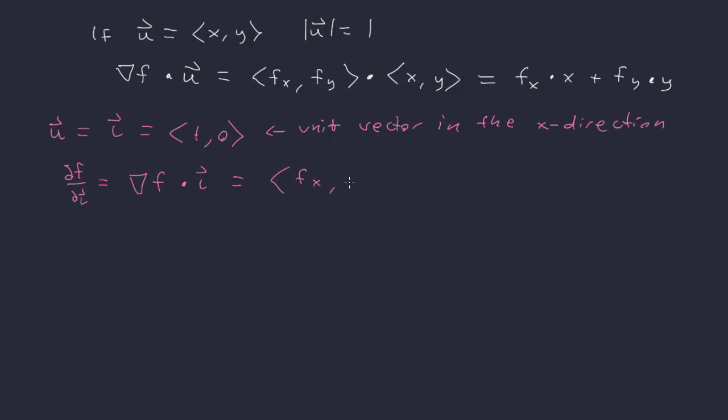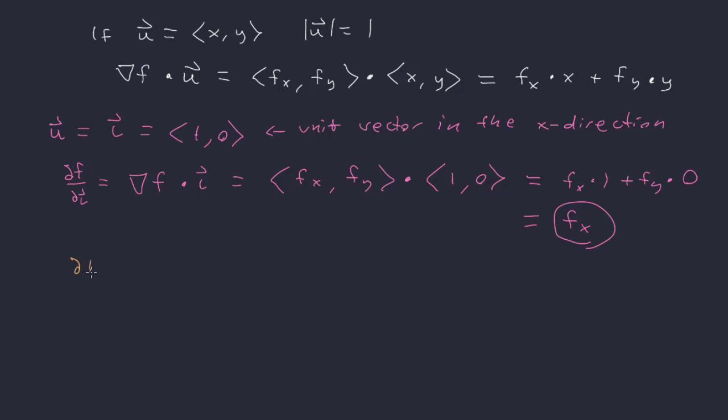That's f sub x, comma f sub y, dotted with 1, 0. When we take this dot product, it's f sub x times 1 plus f sub y times 0. And look at that, that's just f sub x. Remember, we already established that this is the derivative of f in the x direction.